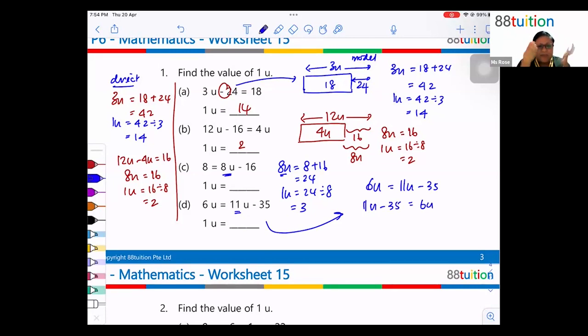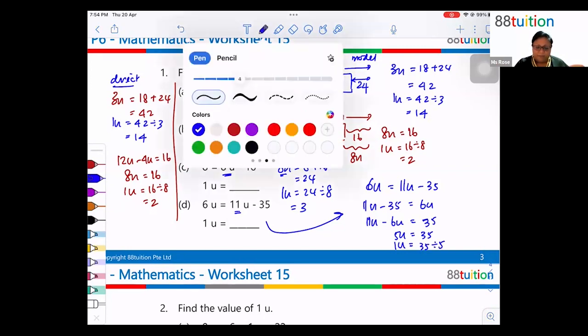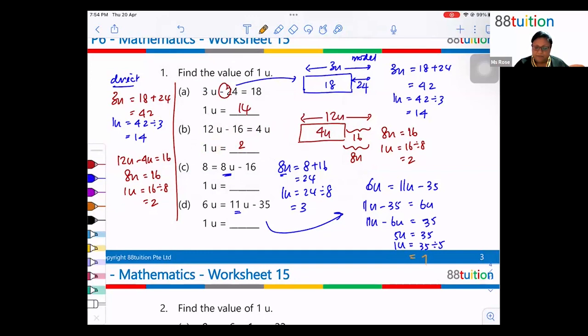I keep the bigger unit where it is supposed to be, and I take the other unit to balance it. So I will get 5 unit equals 35. So 1 unit would be 35 divided by 5 to give me 7. So you have 7 and you have 3. That's okay with you all?